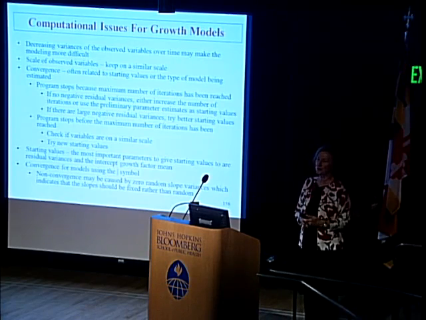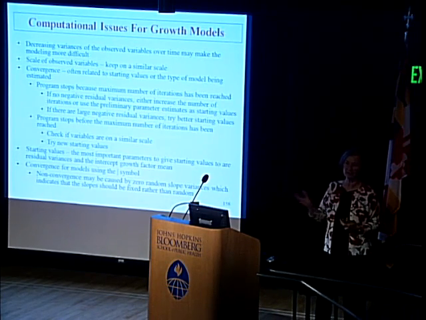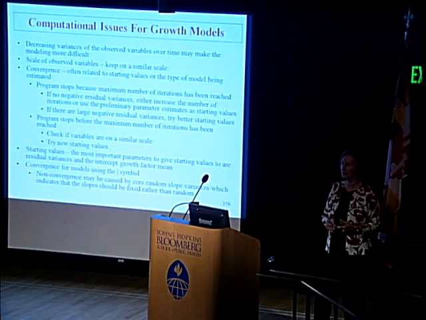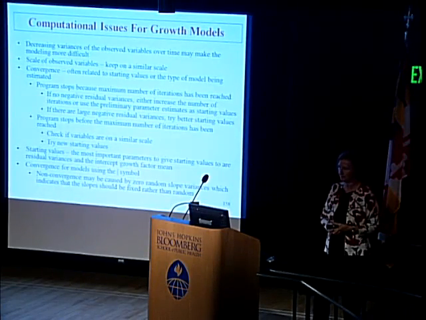Another thing you can do is try new starting values. Although we'll be giving you statements that have starting values for all parameters, the most important parameters to give starting values for are the growth factor means and residual variances. Giving them for factor loadings and such is usually not necessary.